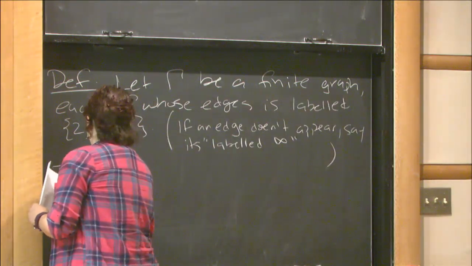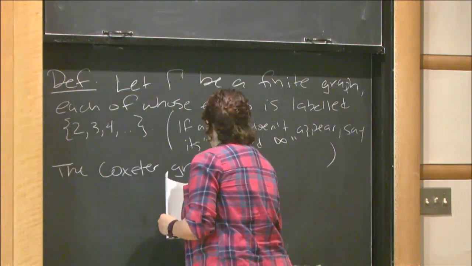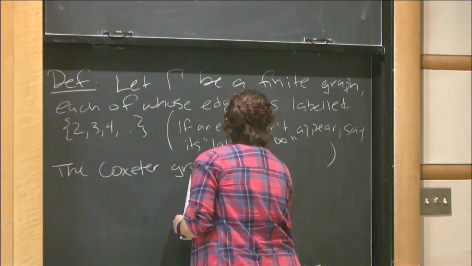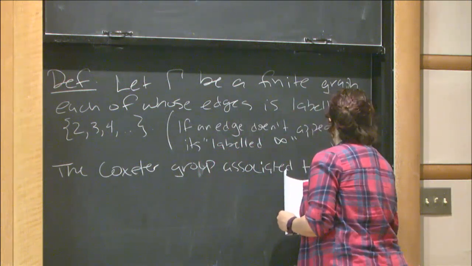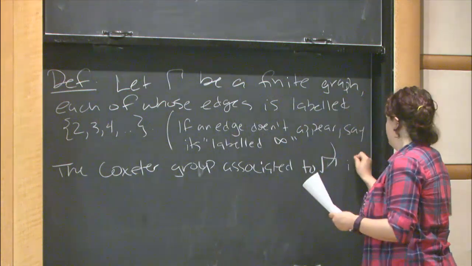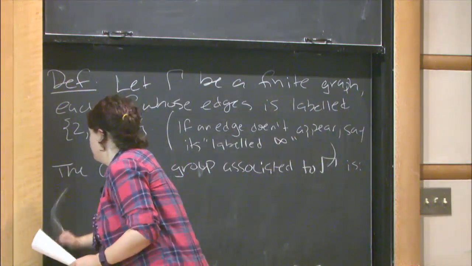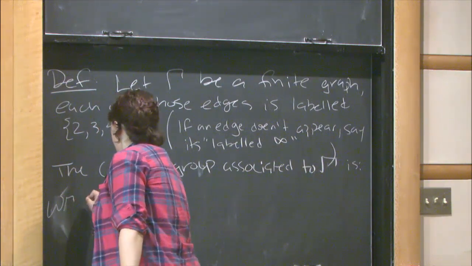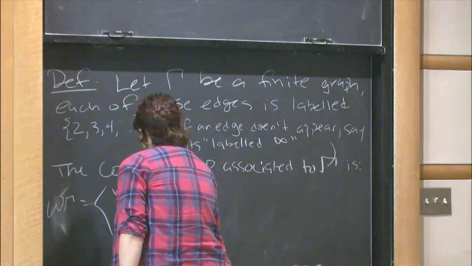So then the Coxeter group associated to gamma this time is, so still going to call it W gamma. Again, the generators are going to be the vertices.